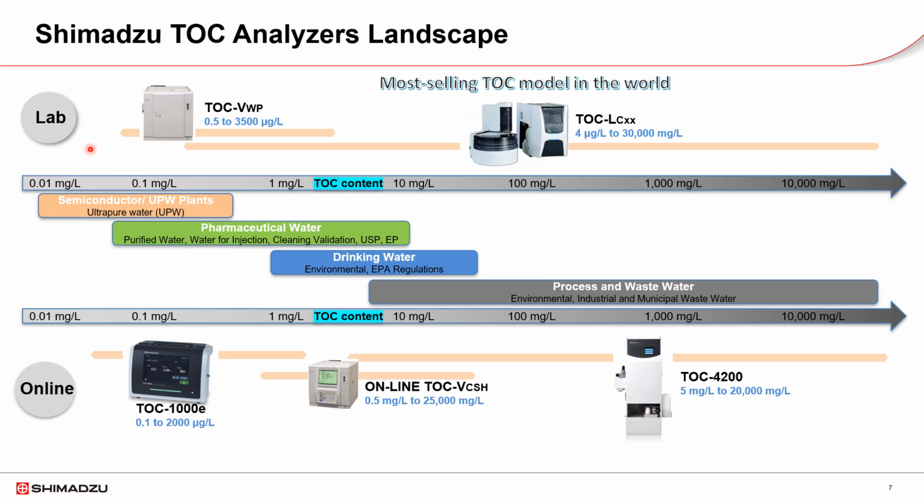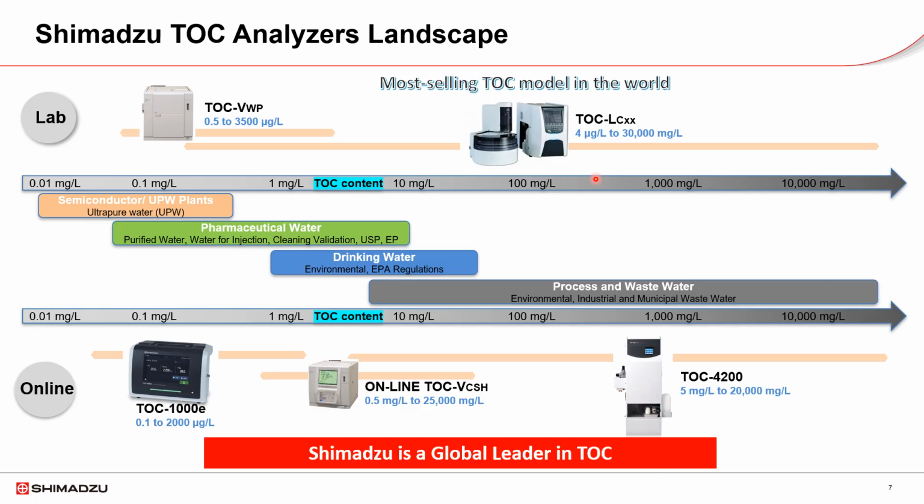In lab or bench type, Shimadzu's TOC-L series based on combustion catalytic oxidation is the leading TOC analyzer worldwide. In addition, when continuous and automatic TOC monitoring of water is desired, suitable online TOC analyzers can be used. Overall, for any TOC analysis application, Shimadzu would provide a suitable solution.